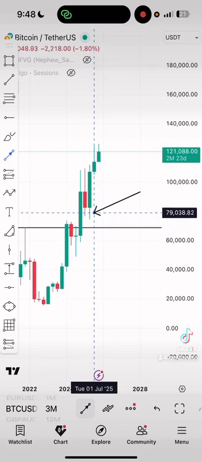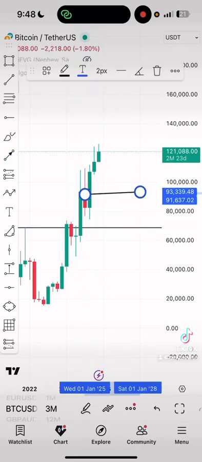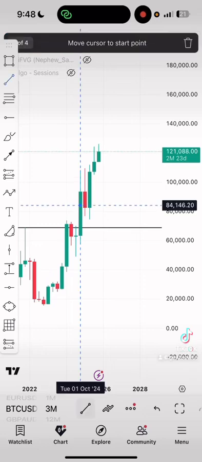Now because all this move started from this fair value gap, when price came back into this fair value gap, this is where it gets interesting. Based on how I analyze and the kind of trader I am, some of you might disagree with me, it's fine, but going with the way I analyze and believe in my price action, price is going to come back to that area, and whenever price comes to that area I'll be looking for an entry around that area.